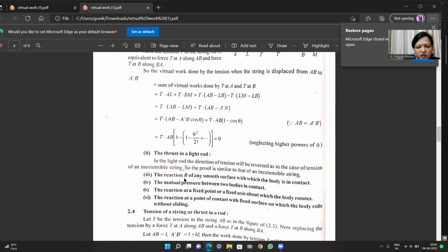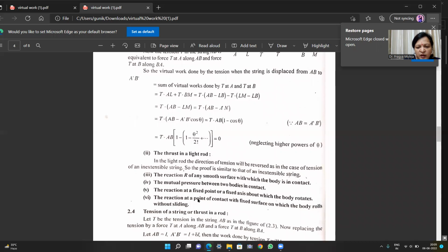In the same way, the reaction of any smooth surface with which the body is in contact is 0. The mutual pressure between two bodies in contact, we can omit this force also. The reaction at the fixed point or a fixed axis about which the body rotates is also 0.